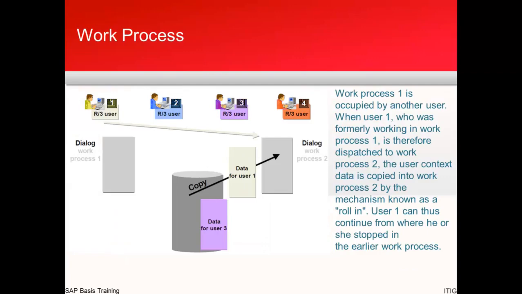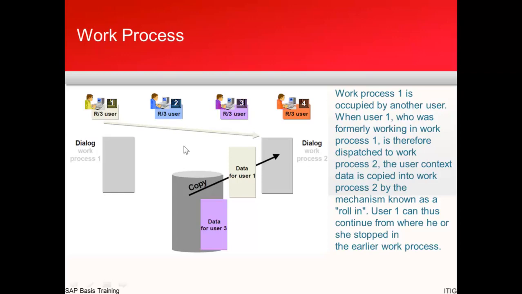Okay, now let's get into the work process. Here you can see this is work process 1, work process 2. Work process 1 is occupied by another user, so user 1, who was formerly working in work process 1, is dispatched to work process 2. The user context data is copied into work process 2 by the mechanism known as roll-in.